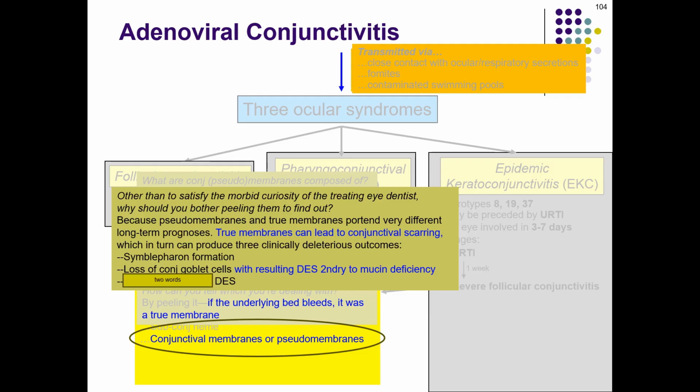And the third one is aqueous deficient dry eye disease that can happen because of the scarring compromising the lacrimal gland ducts. So it's very important to peel them. It's not just treating the eye, it's preventing these deleterious outcomes.